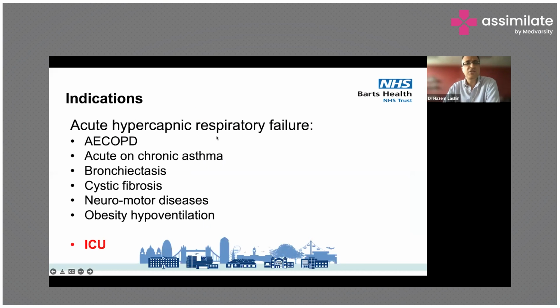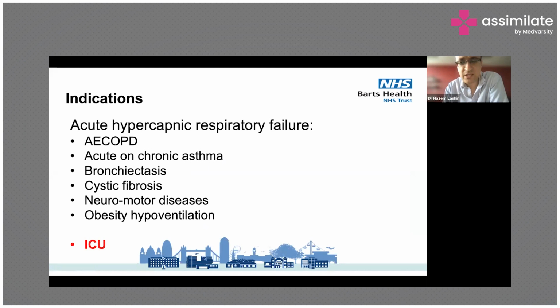So the indication for NIV mainly is acute hypercapnic respiratory failure. The etiologies that the BTS guidelines suggest are acute exacerbation of COPD, acute on chronic asthma, bronchiectasis, cystic fibrosis, neuromotor diseases such as myasthenia gravis or motor neuron disease, and also obesity hypoventilation.